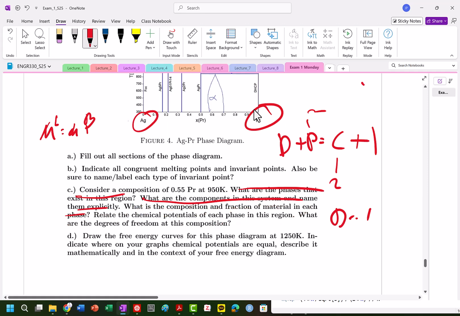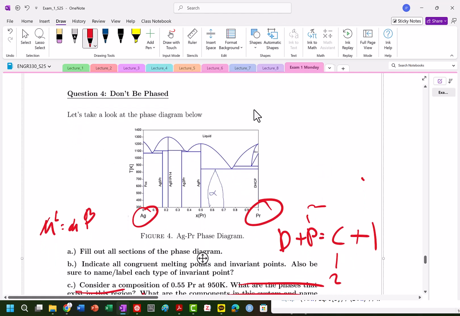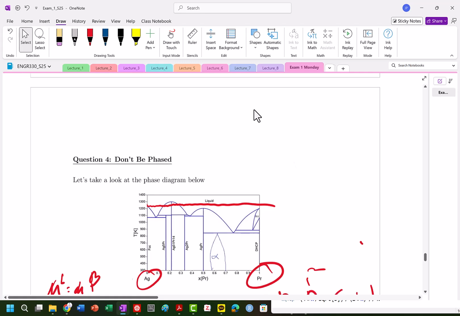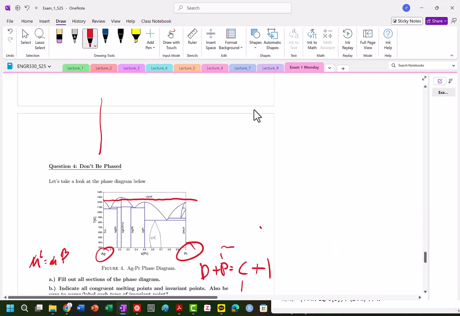Beautiful. Draw the free energy curves at 1250. So at 1250, let's say here, we're going to hit here, here, and that's it. So we are looking at a scenario that looks a little bit like this. If I'm going to draw my free energy curves here, I'm going to say at this crossover point here, we're pure liquid.